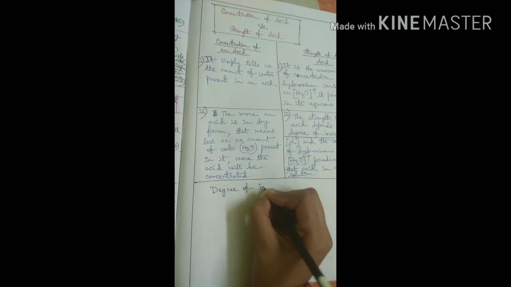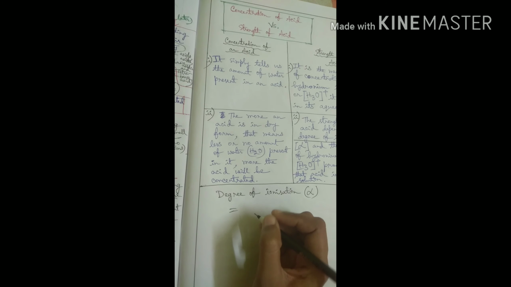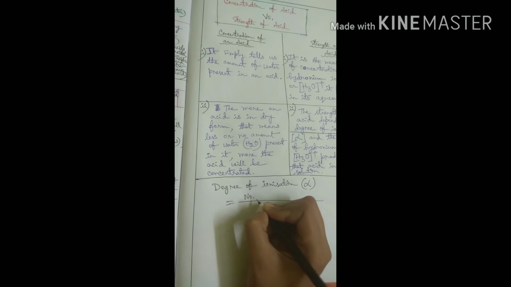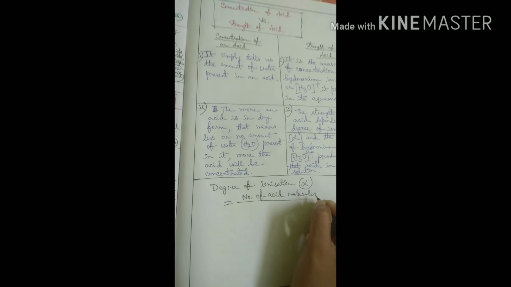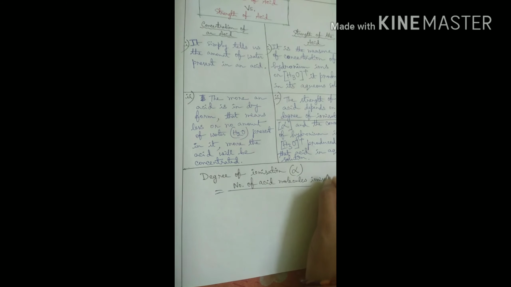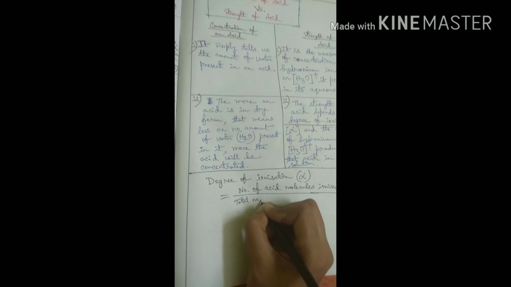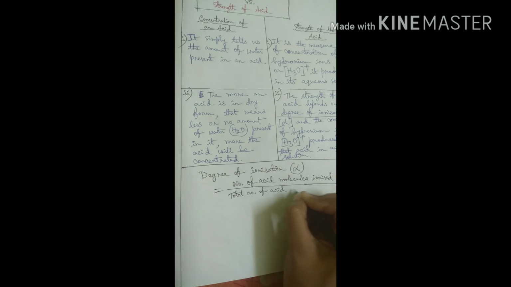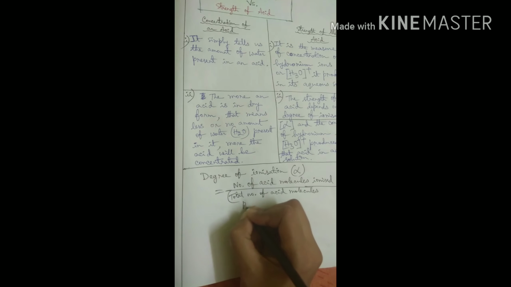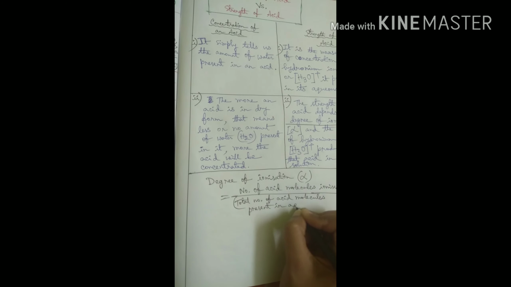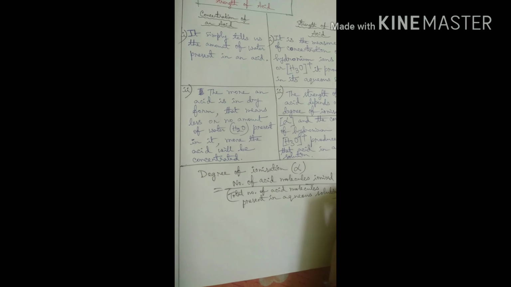Degree of ionization, or alpha, is equal to the number of acid molecules ionized divided by the total number of acid molecules present in aqueous solution, into 100.